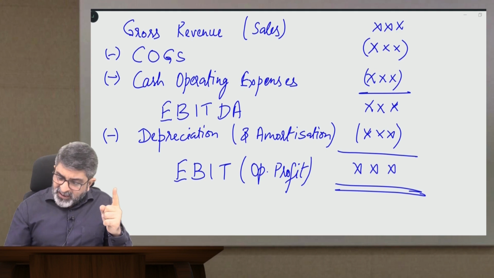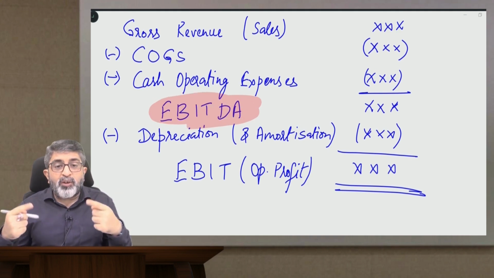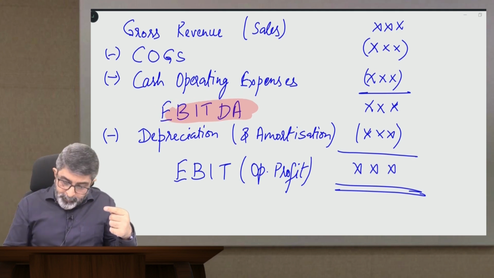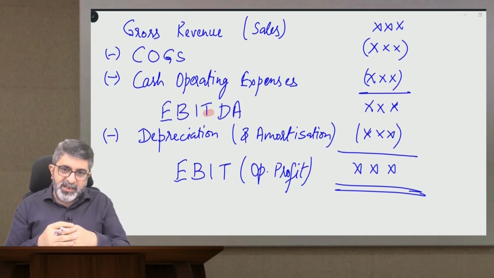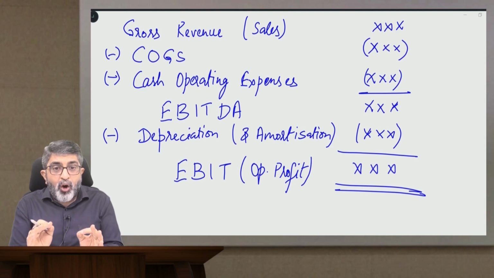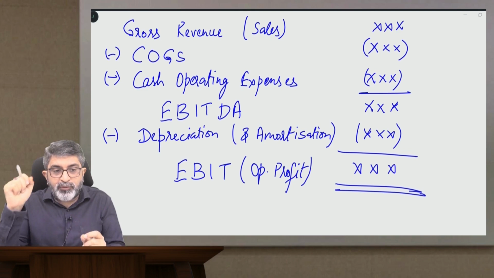EBITDA plays a significant role in your cash flow calculations. A lot of approaches to cash flow computation begin from EBITDA, and certain ones begin from operating profit, that is EBIT. You need to have a clear understanding of which is your starting point for computing the cash flows.